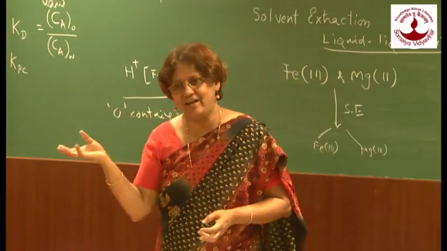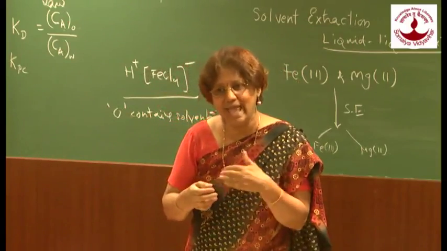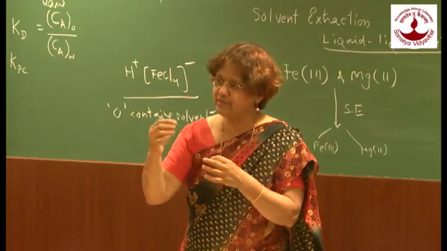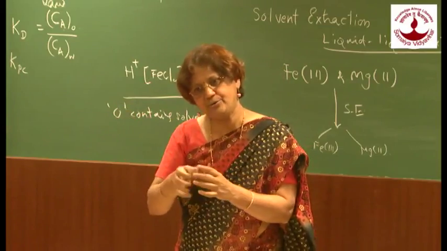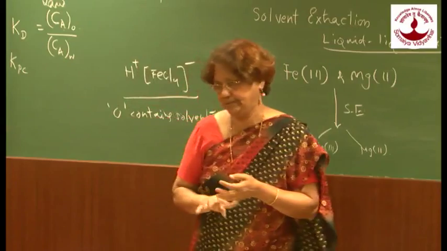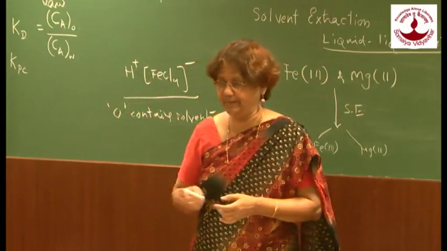That has an added advantage, because during the backstripping process, some loss can happen. But here, you perform the extraction, draw the organic phase out, and directly subject it to the spectrophotometric method. So that is about the principle of the method.